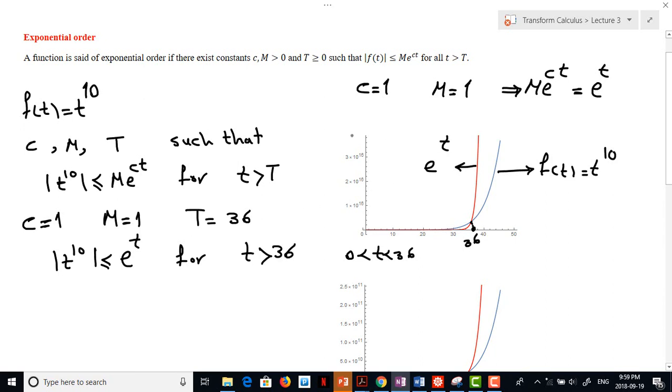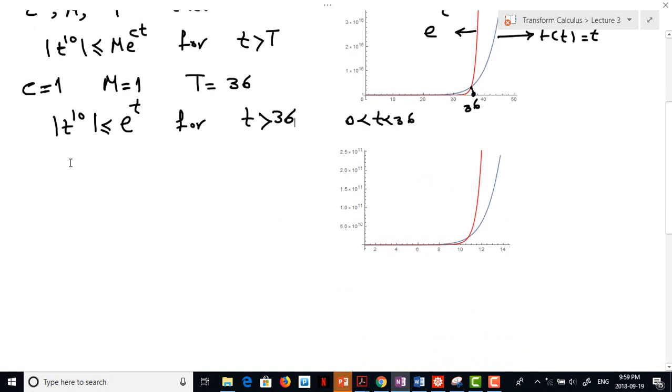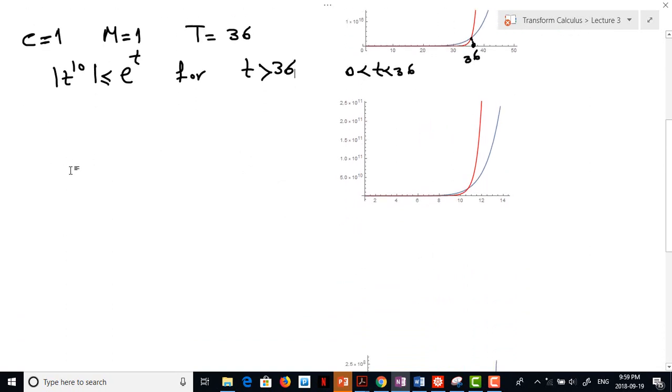So I could give you one set of c, M, and capital T. As a result, this function f(t) equal to t to the power of 10 is of exponential order. Maybe you can offer another set of c, M, and T.